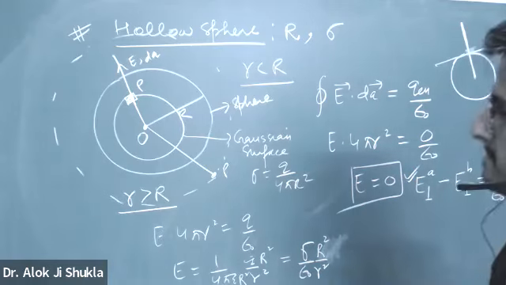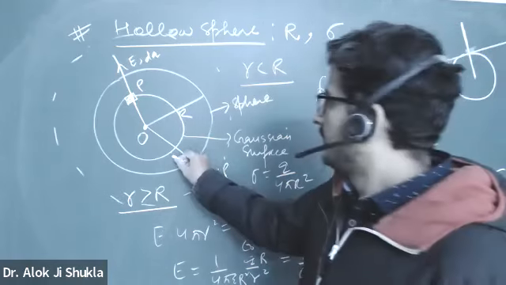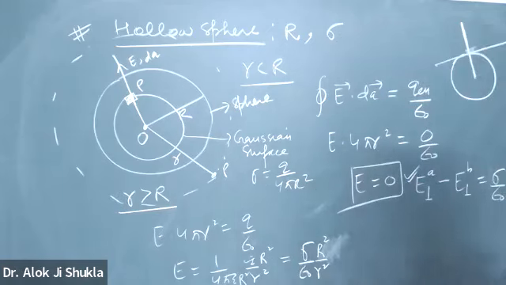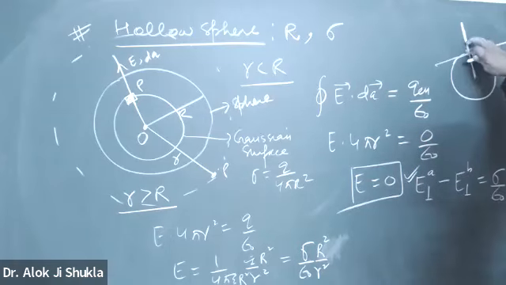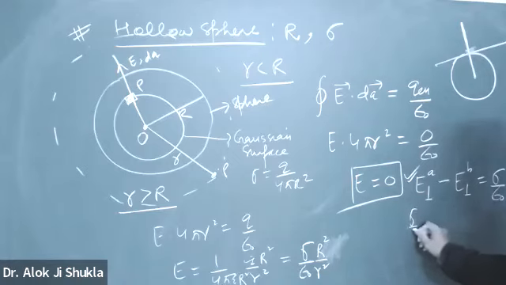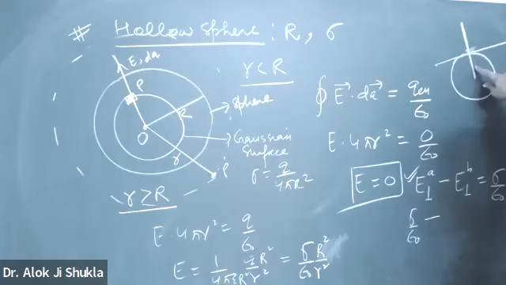So this is small r. Small r is for the distance and capital R is for the radius. So if you take the profile here above and come on the surface, so small r will become capital R. So it will become sigma by epsilon naught minus, if you go below, inside field is 0. So therefore it is sigma by epsilon naught.